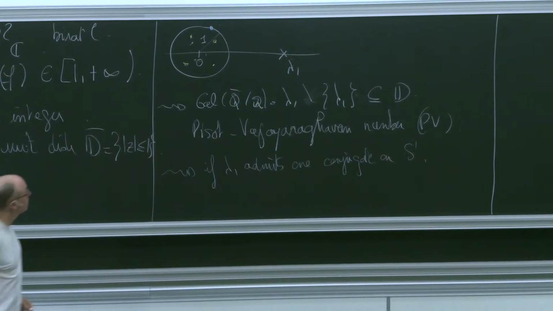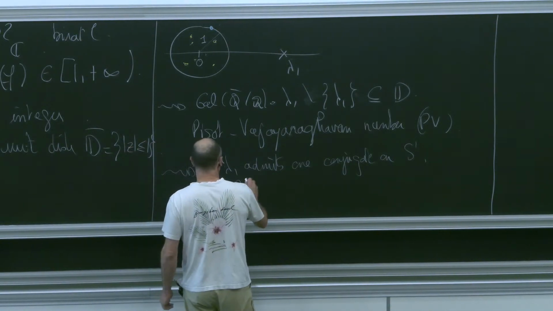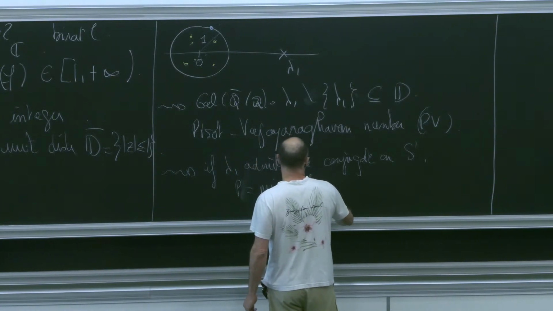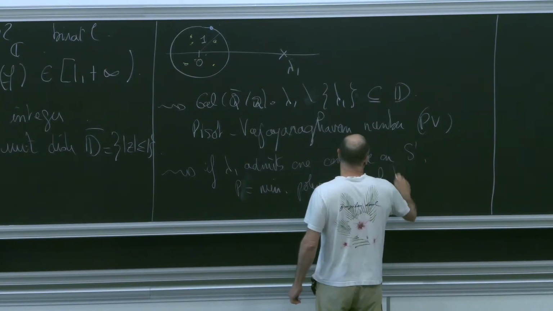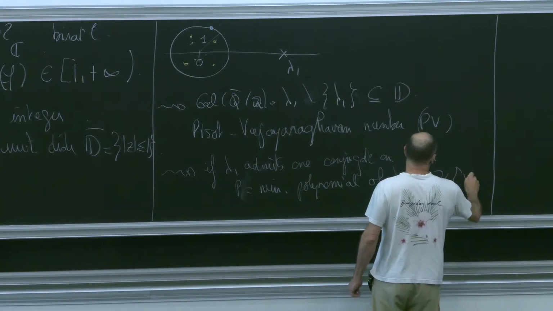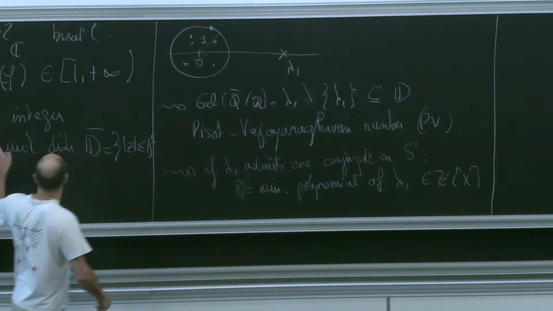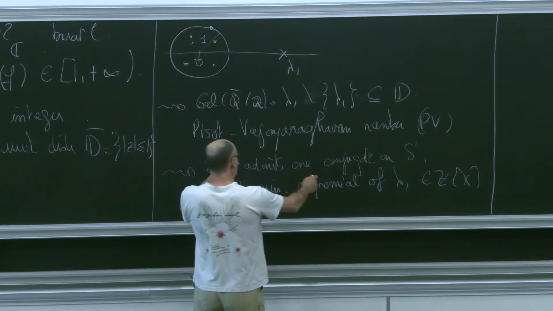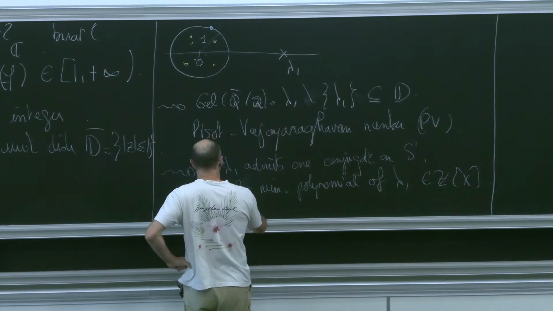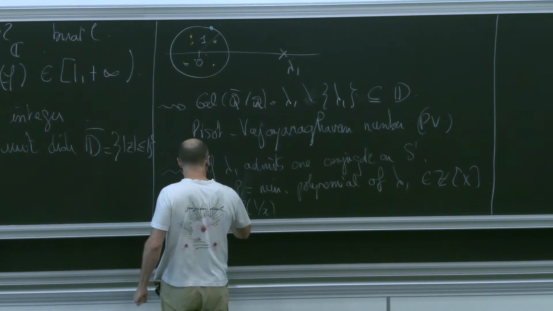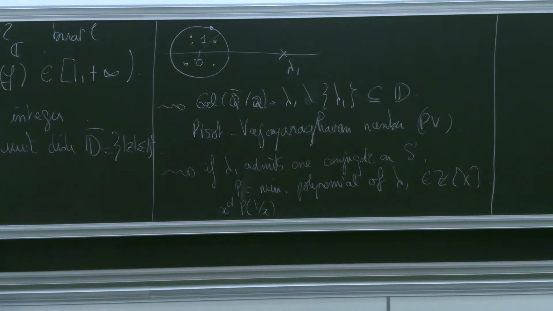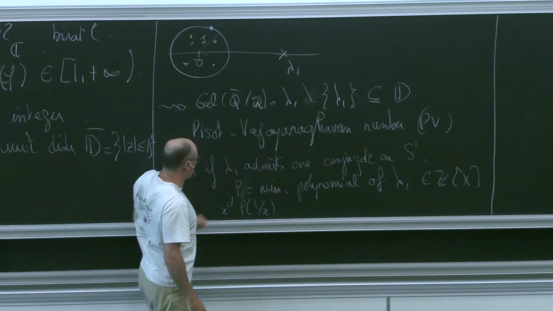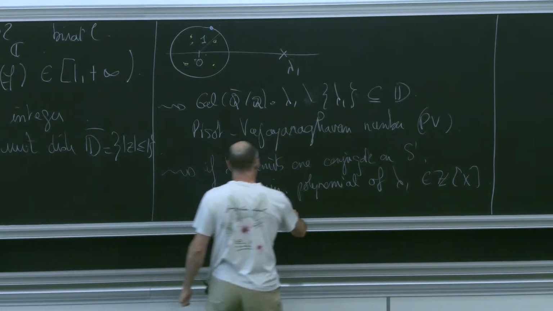So reciprocal means that if P is the minimal polynomial of lambda 1, with integral coefficients, since it's an algebraic integer, its dominant term is equal to 1. And since it has one conjugate on the unit circle, then when you look at P(1/x) times x to the d, the degree of the polynomial, it also vanishes on that point. And so this is equal to P(x).